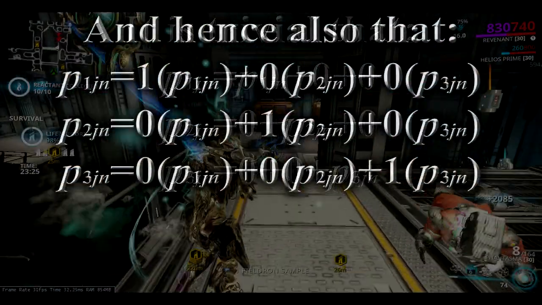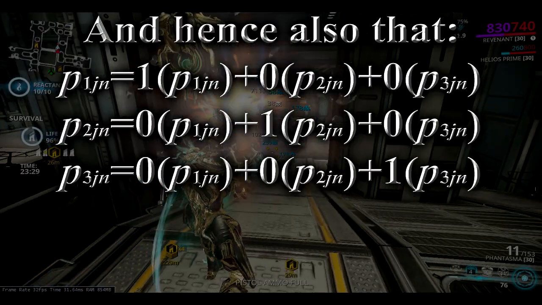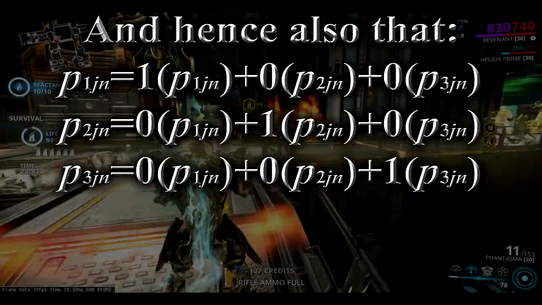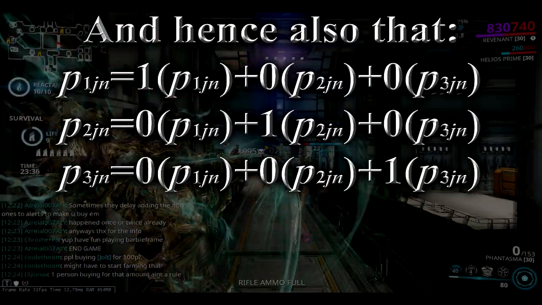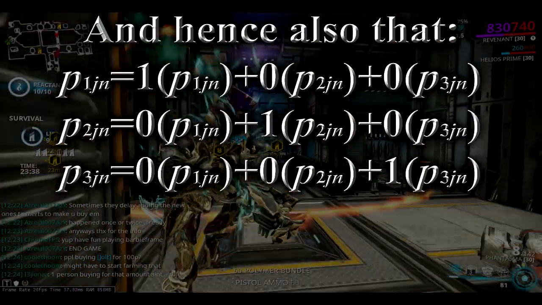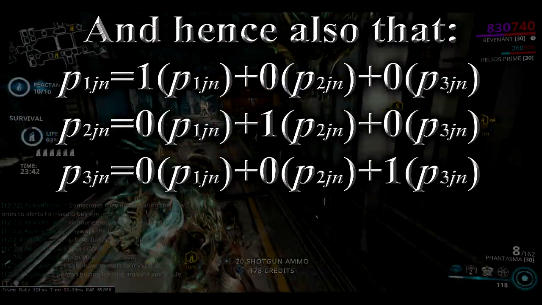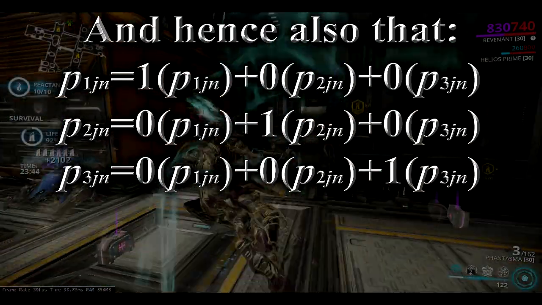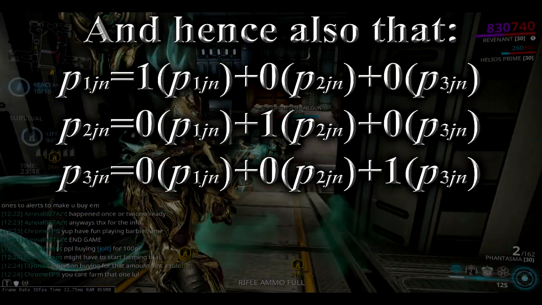Now, as you know, anything times 0 gives you 0. For example, 5 times 0 is still 0. So let's be a little more sneaky now and let p1jn be equal to 1 times p1jn plus 0 times p2jn plus 0 times p3jn. As you can see, after cancelling out, you still end up with p1jn.